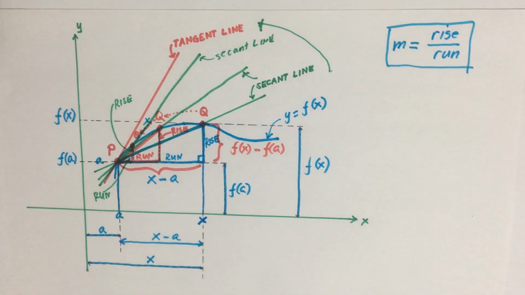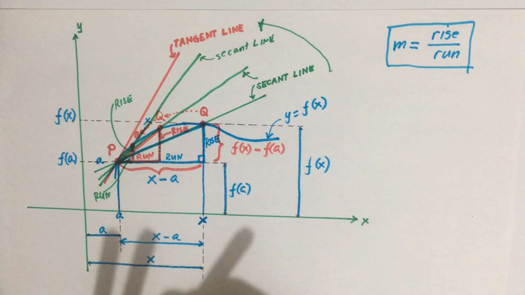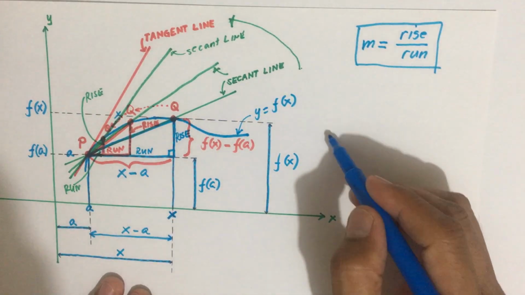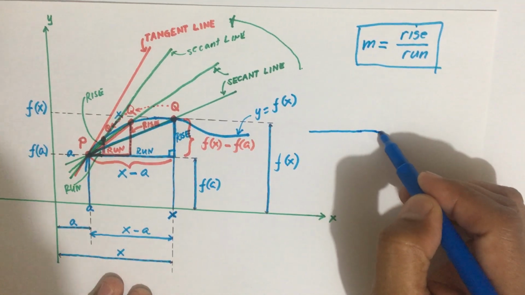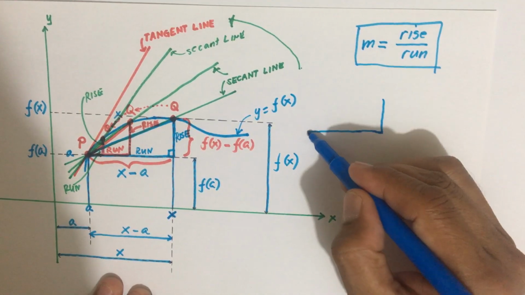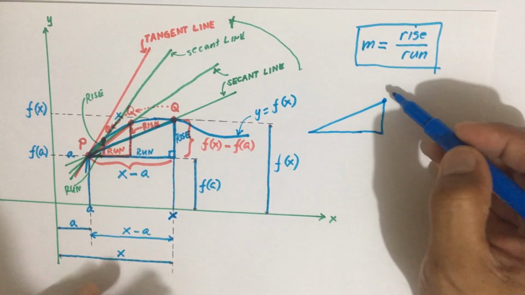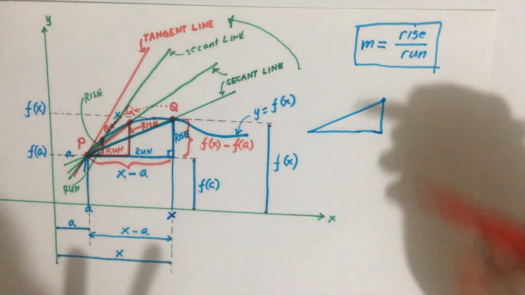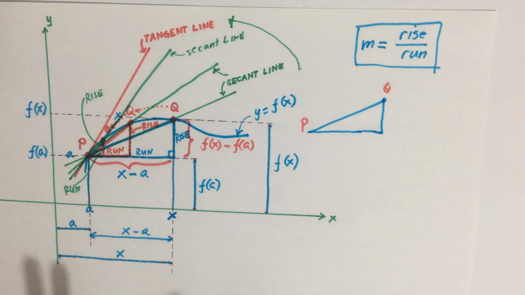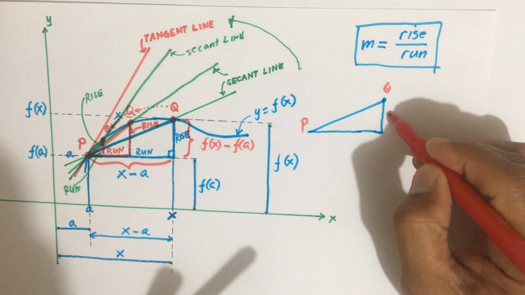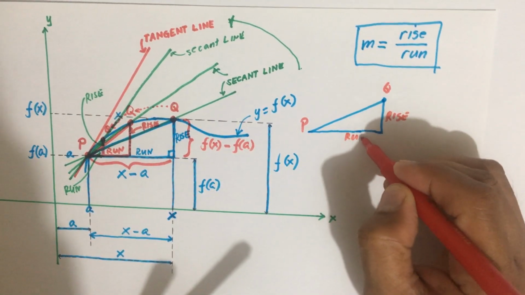So what did you notice? Before point Q moves, we have this triangle, as big as this. This is our Q here, and this is our P. This is our rise, and this is our run.